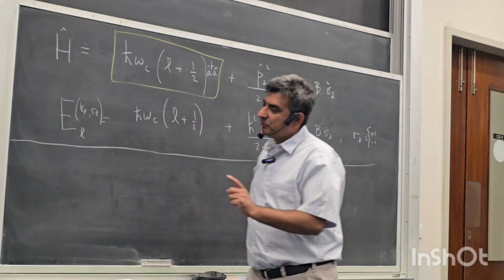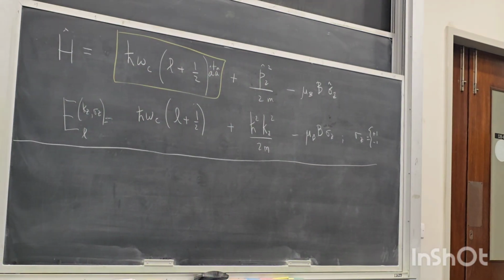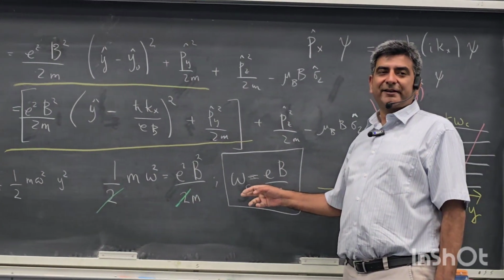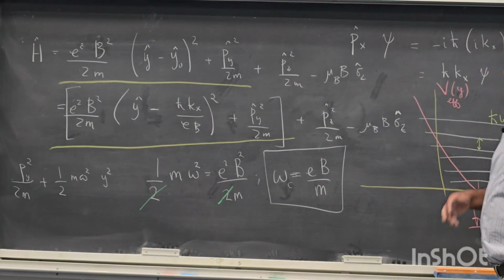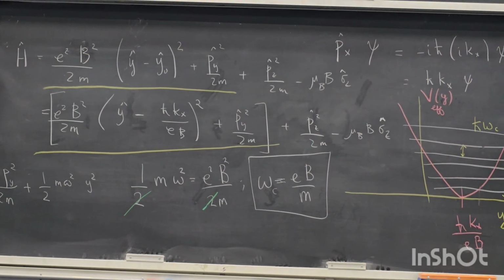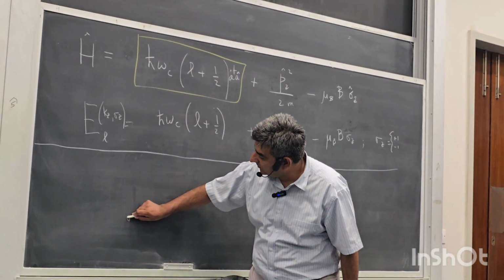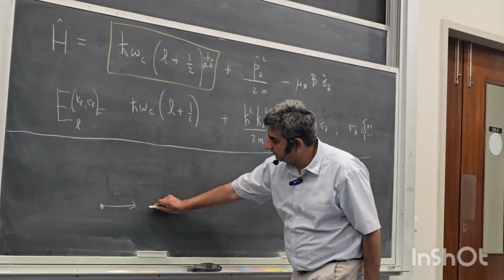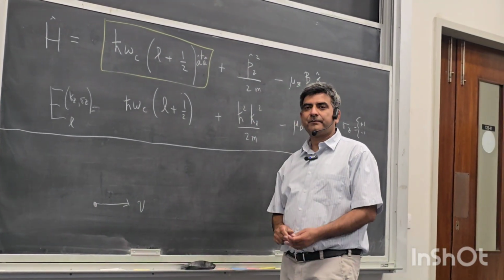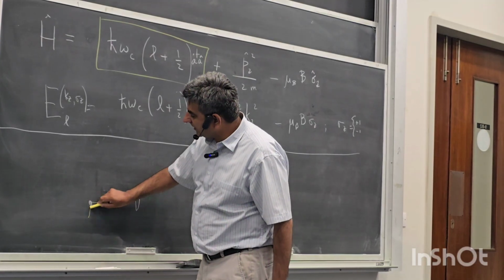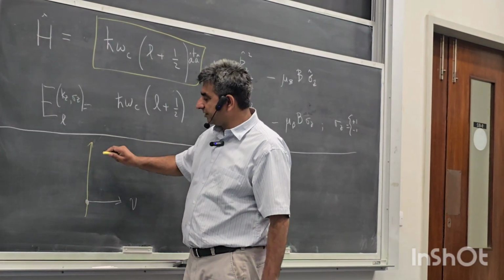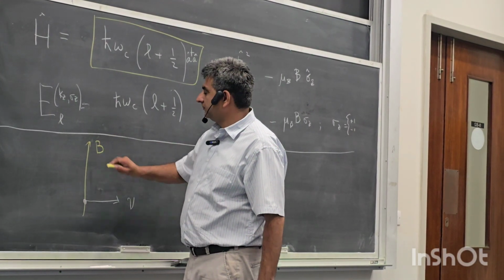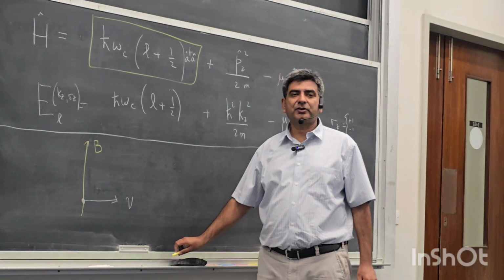However, I need to understand and describe why this is omega c. Why is this a cyclotron frequency? So we need some intuition for this. If I have an electron in an xy plane moving at a certain speed v, and I impose a magnetic field B along the perpendicular direction, what's going to happen to the electron?